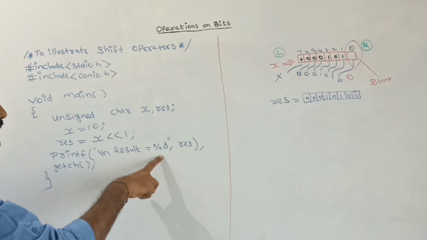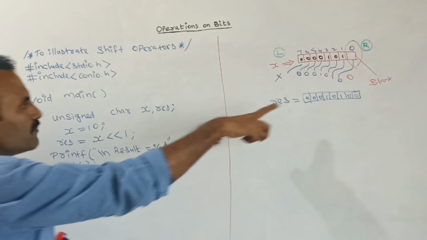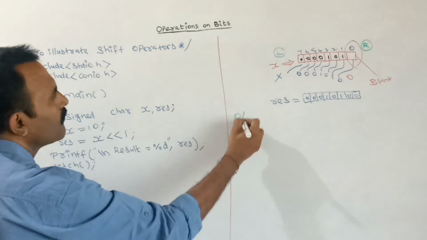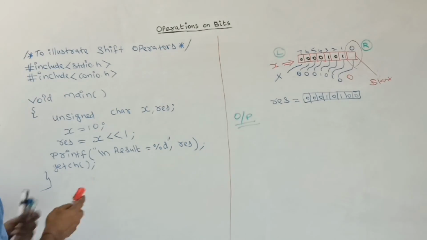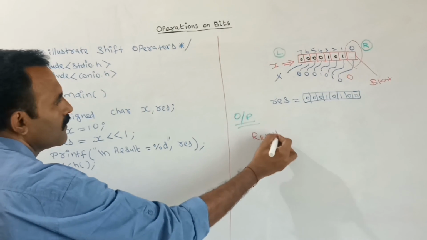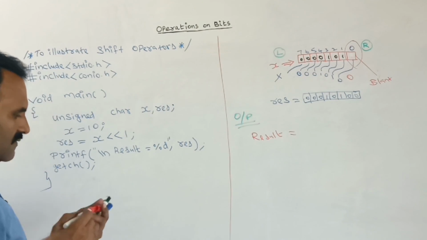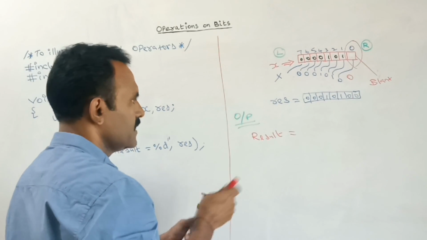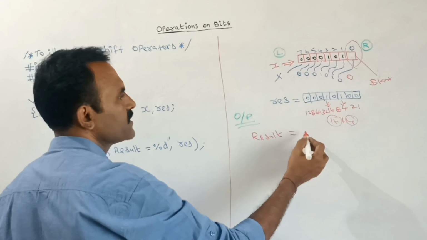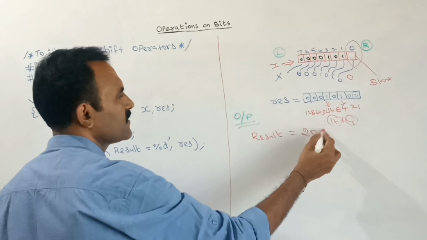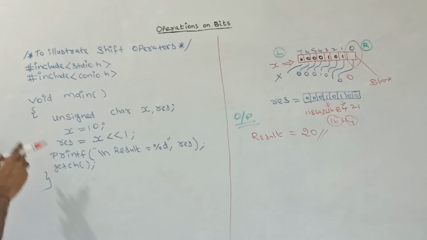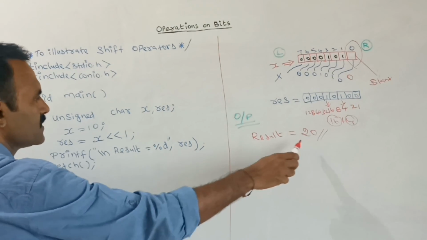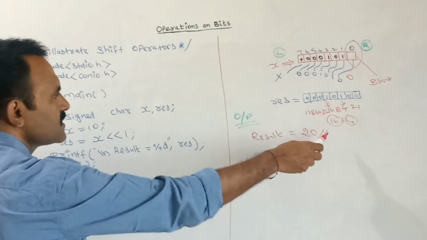Here I am telling it to print the decimal value of this binary value, percentage d. So in the output, result is equal to, what is the output? Take the decimal value of this binary: 16 plus 4 is equal to 20. The result will be displayed as 20. When you execute this program, the output will be like this: result is equal to 20.